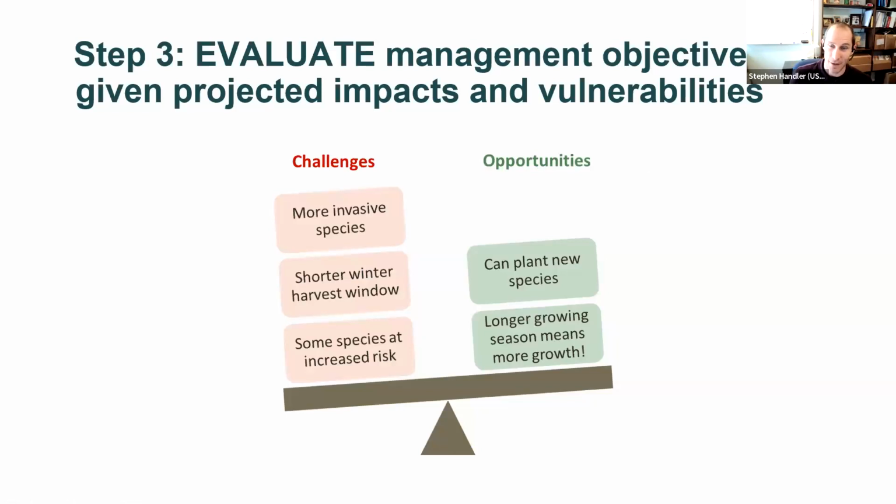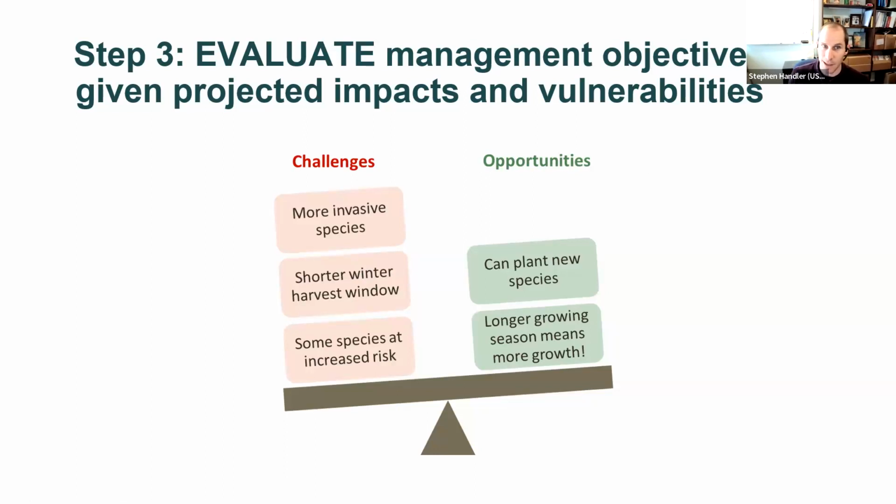Just as a quick reminder, step 3 was that opportunity to do a gut check and a rigorous examination of the management goals and objectives that you started with in step 1.